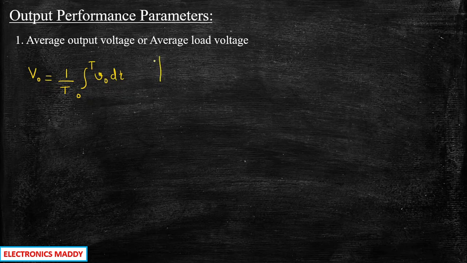For example, if you consider a signal like this, this is pi and this is 2 pi. For the entire signal, if you want to find the average value, we need to sum up each of these values, isn't it? Summing is actually given by integration, so that is why 0 to T, and the overall time period is given as T. I hope this point is clear.